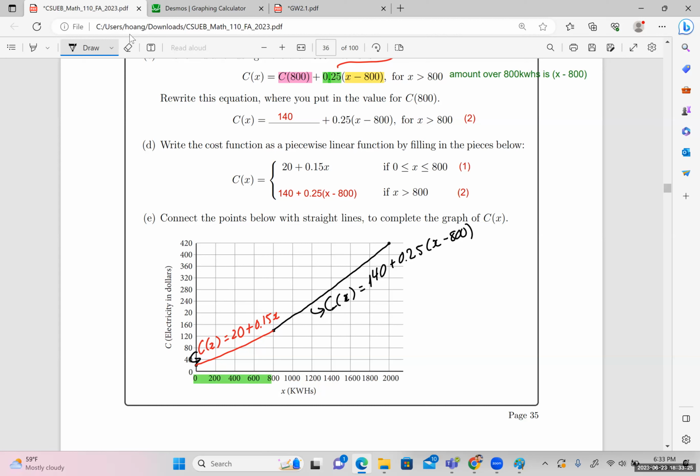The slope for the first one is 0.15, but the slope for the second one is going to be equal to 0.25. So then slope 1, slope 2.